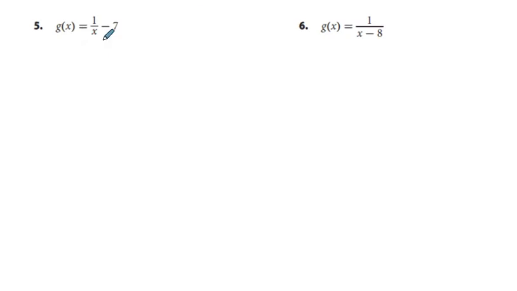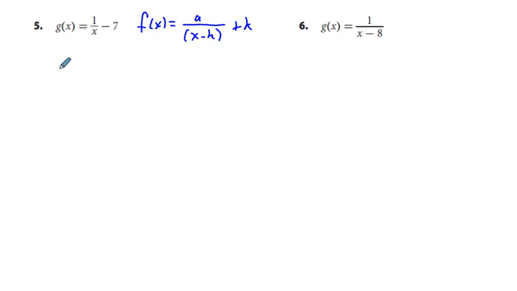Next, problem 5. G of x equals 1 over x minus 7. Well, again, in the format, f of x equals a times 1 over x minus h plus k. You should be able to see that k takes the place of negative 7.